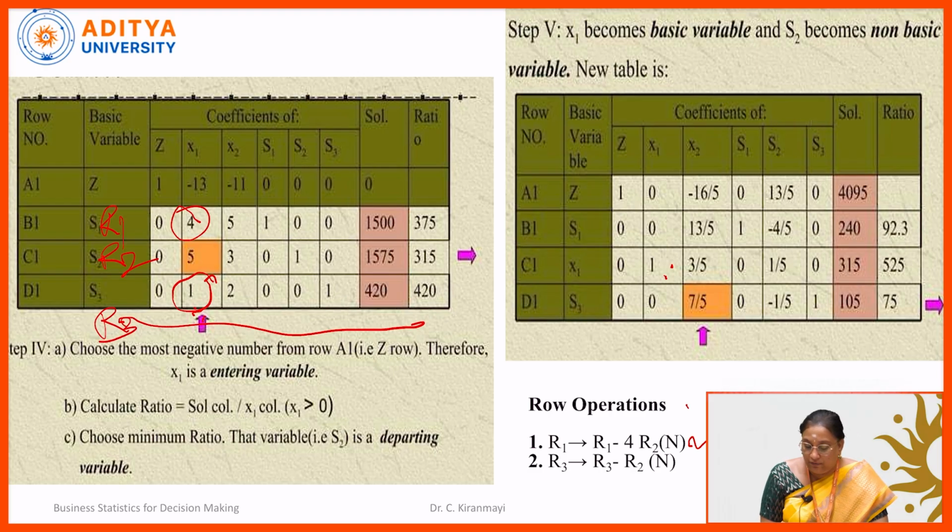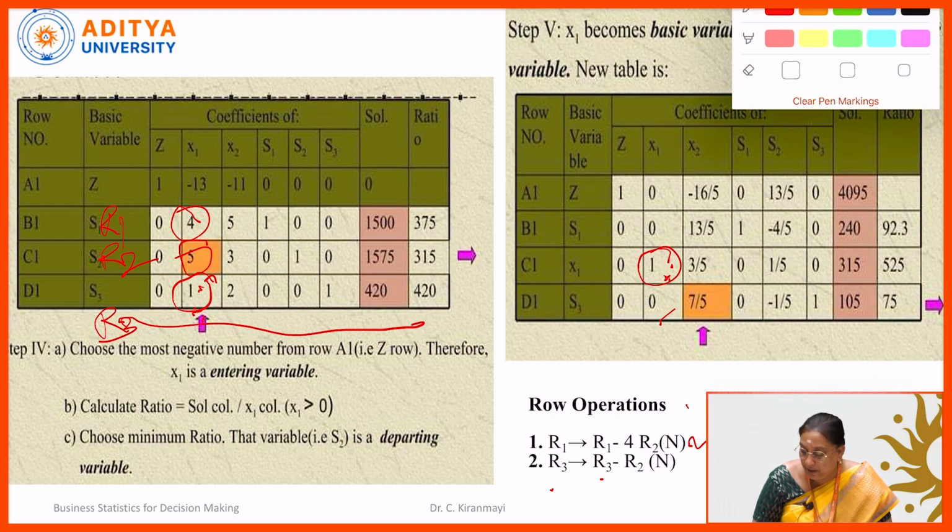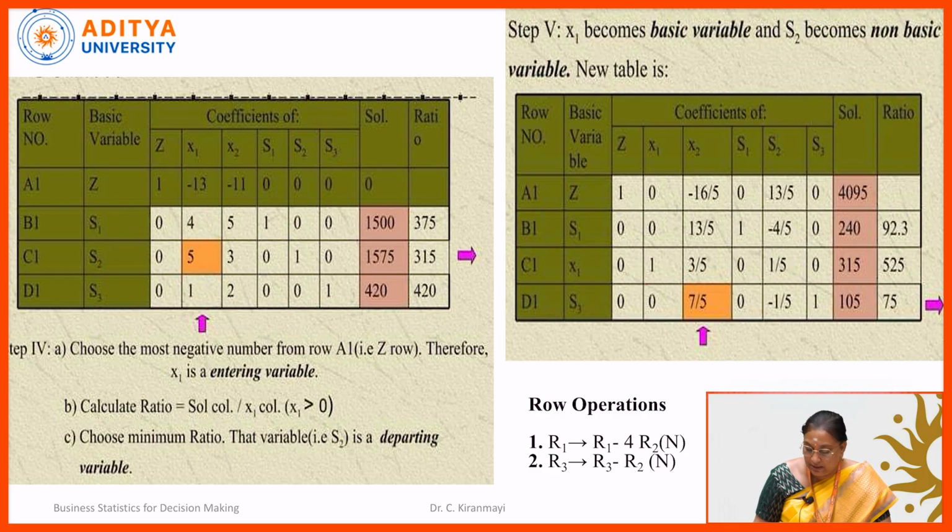I change R3 as R3 minus new R2, and then it becomes 0. Remember, these row operations must always be done with the new row which we made unity from the key element of the previous table. These are the points to be noted. By using this second row operation, the third row can be transformed like this.